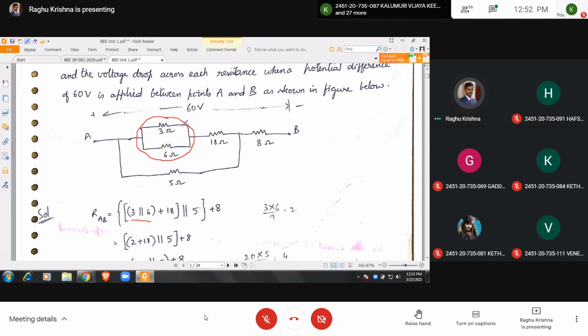And this combination, so here I kept in brackets, and this combination is in series with 18 ohms. So I can add directly plus 18.